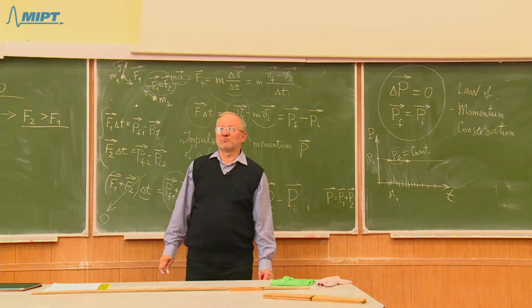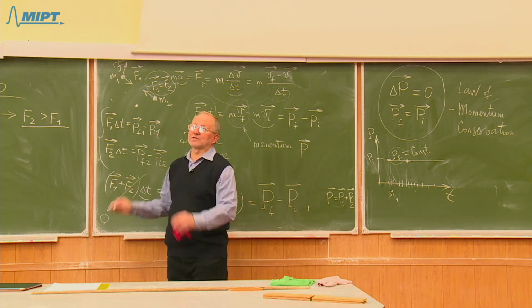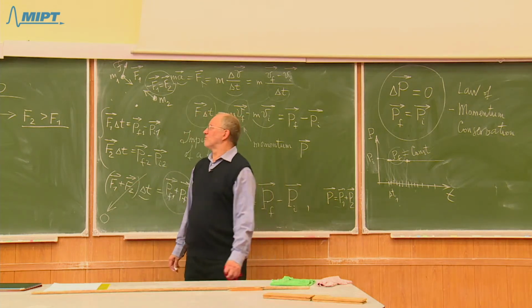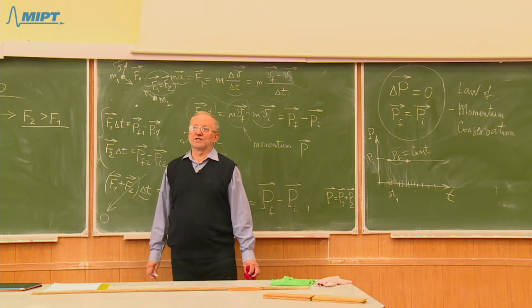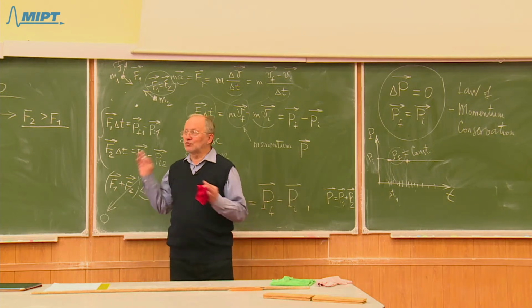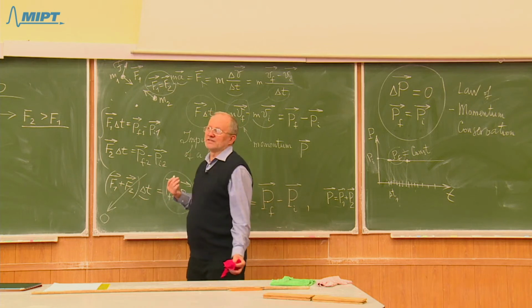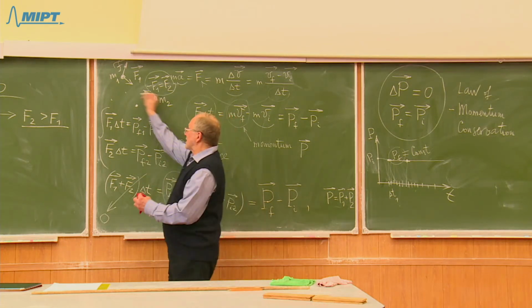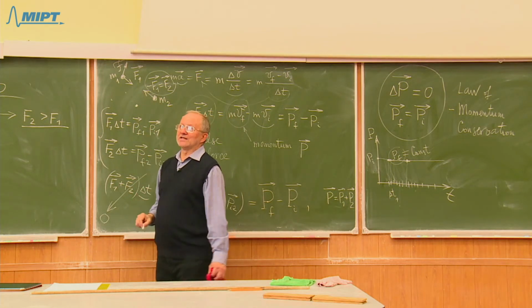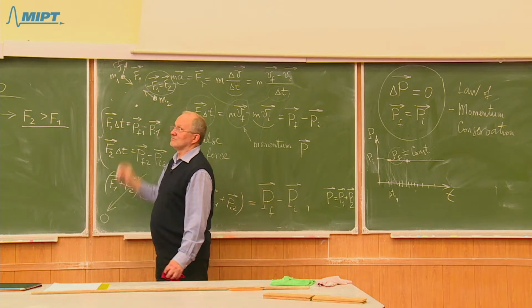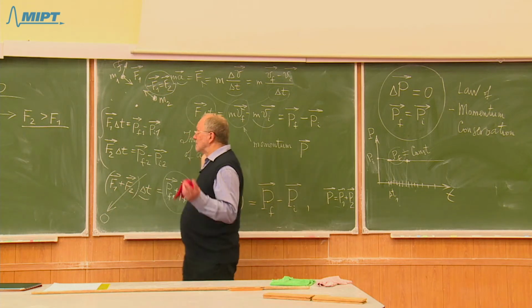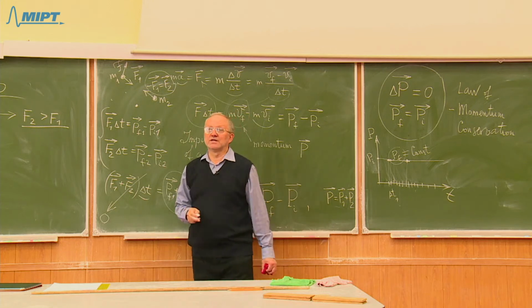And such a system of particles, when no external forces are present, is called a closed system. Closed system means that it does not interact with the outside world. It interacts only internally. The particles interact only between each other, and no external forces are applied here.